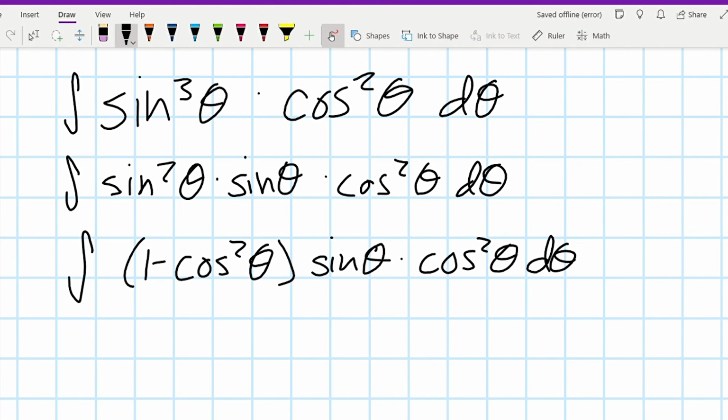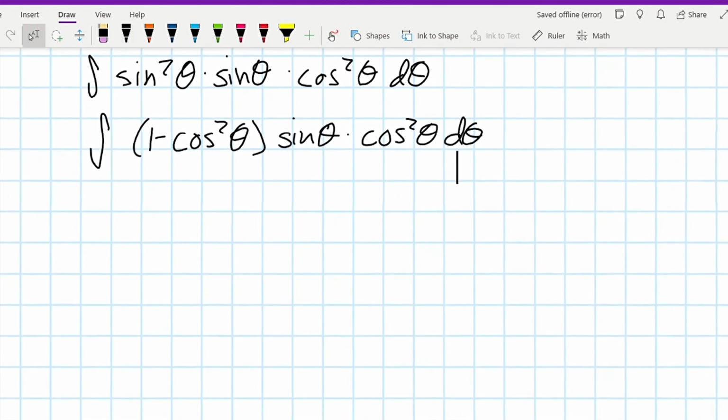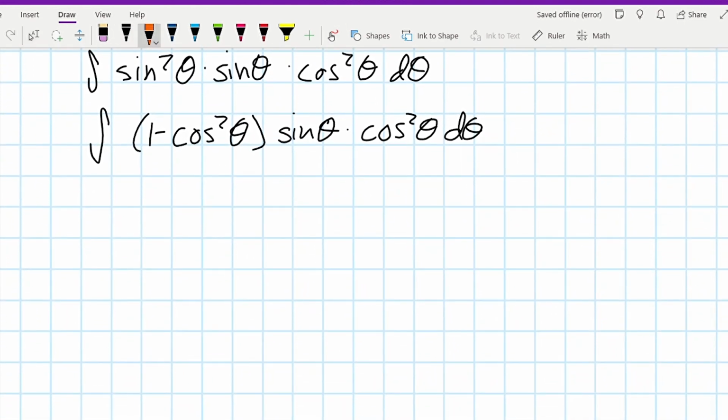So now, to simplify this more, we can use a u-substitution, and our u can be cosine theta, and our du can be negative sine theta d theta. So we will put this into our integral.